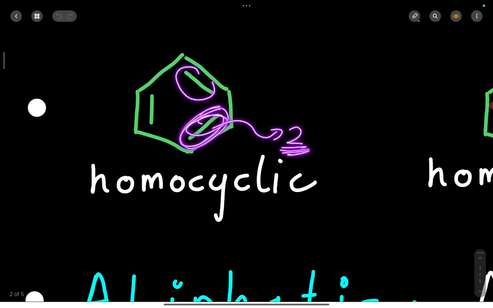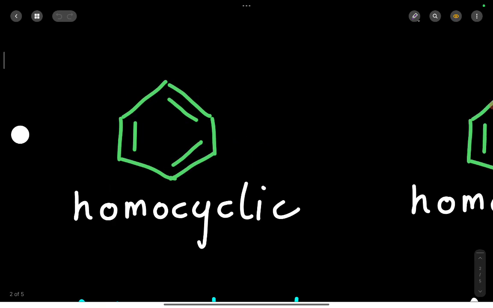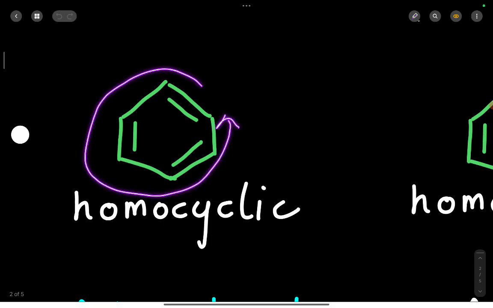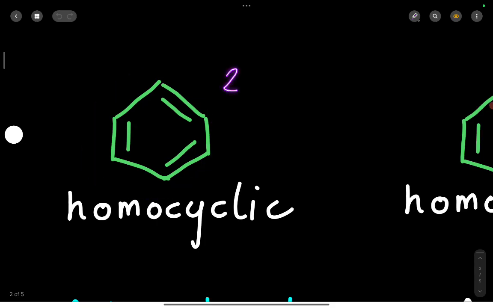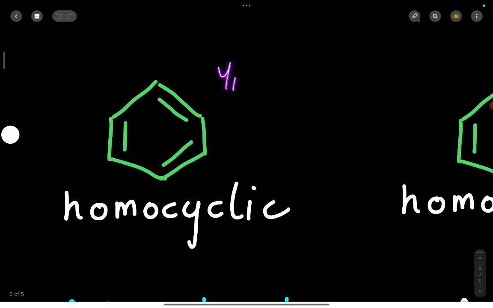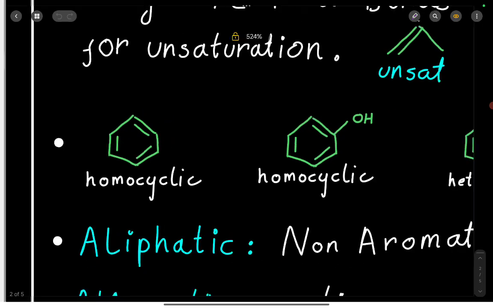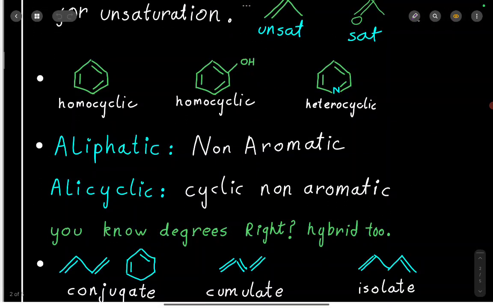So if the total number of pi electrons in the entire cyclic conjugation of the ring is 2 more than a multiple of 4, or in mathematical terms 4n plus 2 pi electrons, then that compound is said to be aromatic. There are of course more rules and nuances related to aromatic compounds, but for now this is all you need to know.